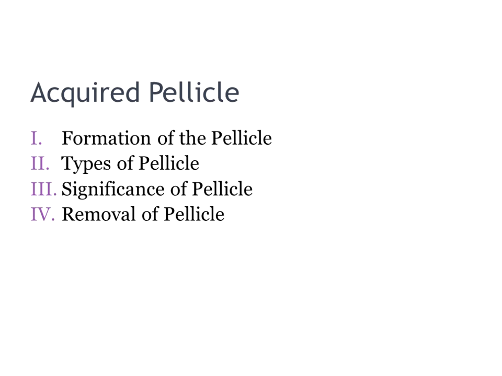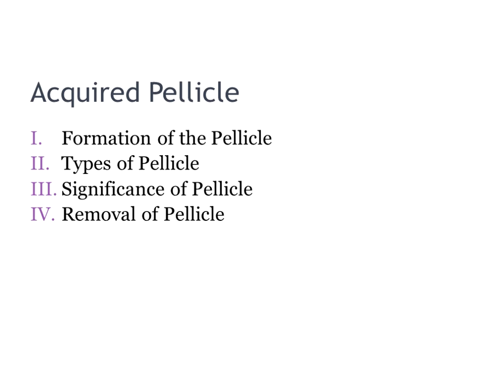Pellicle thickness varies from 100 to 1,000 nanometers depending on the location in the mouth. It is thickest near the gingival margin and in areas undisturbed by the activities of chewing, swallowing, and speaking.